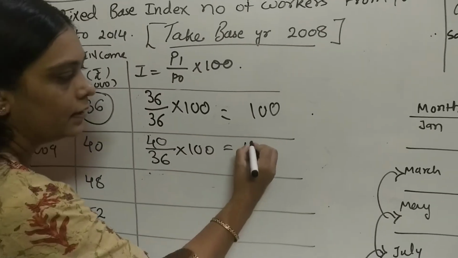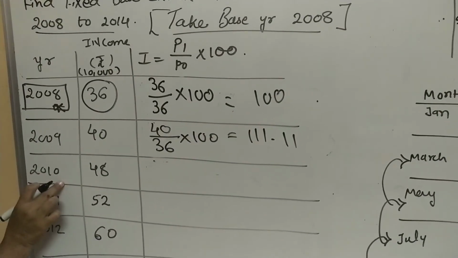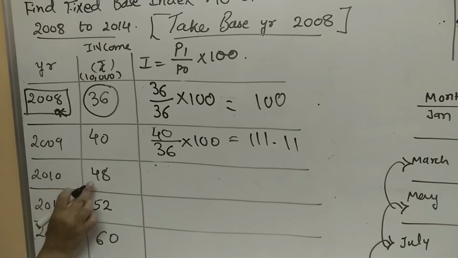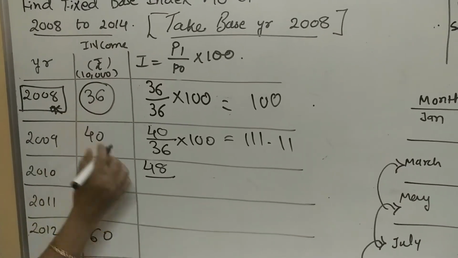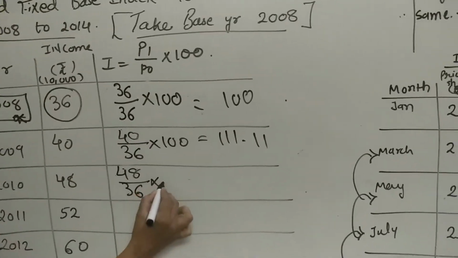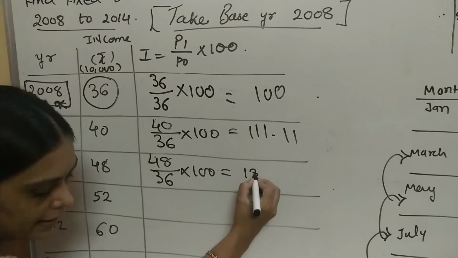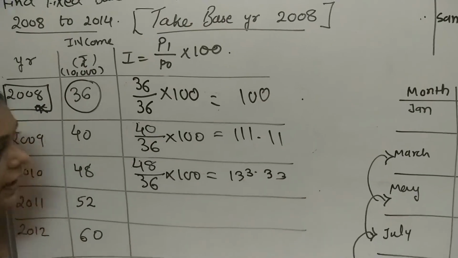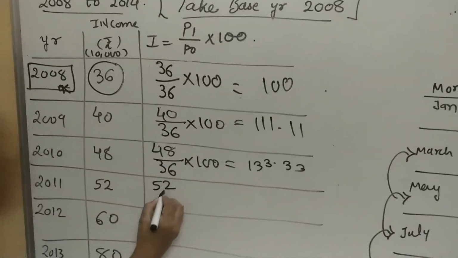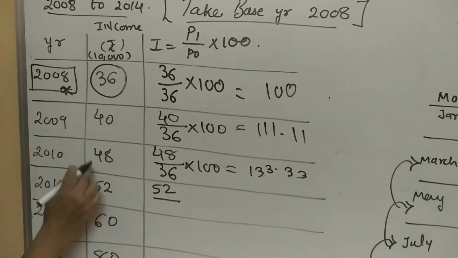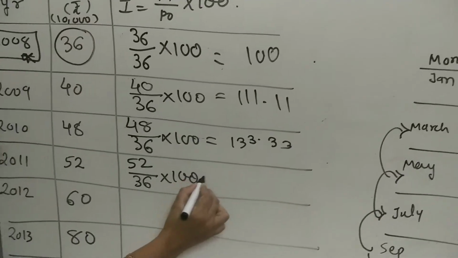Answer will be 111.11. In the year 2010, the current year price 48 upon base year price, that is 36, into 100. Answer would be 133.33. 2011, current year price 52 upon base year price, that is again 36, into 100.